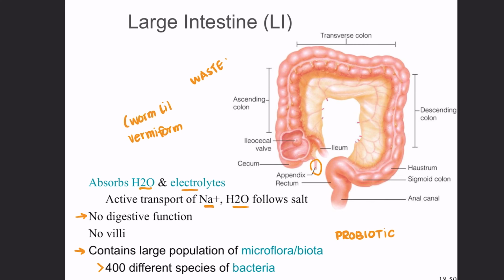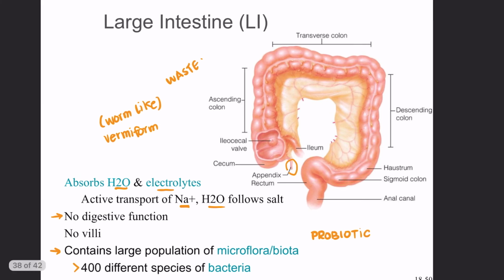It's literally smaller than the size of your pinky. The vermiform appendix, we don't really know what the function of it is. It's this structure that, evolutionarily, has been getting smaller and smaller in humans. We assume or we think that it used to be a holder, a carrier of good bacteria.